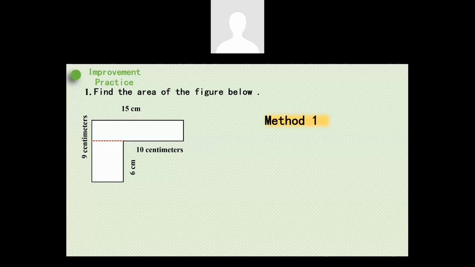Okay, group one, method one. Who can answer? Group one.